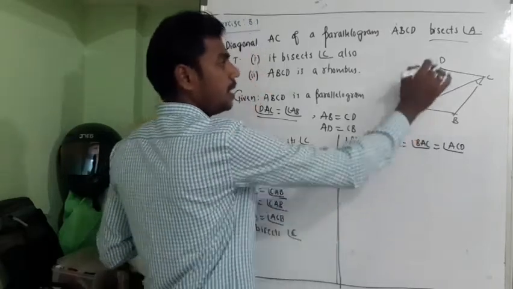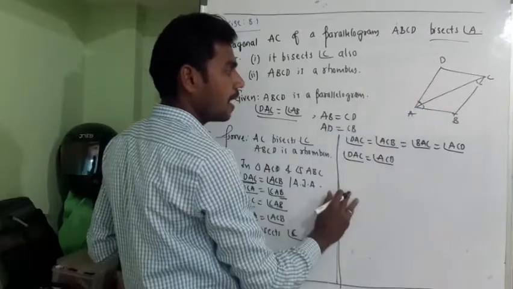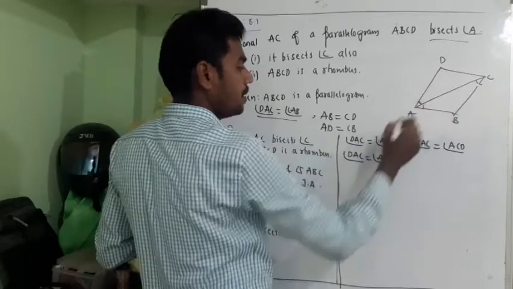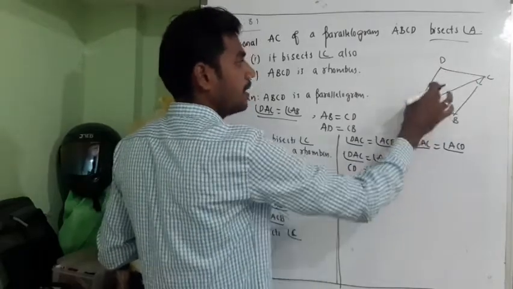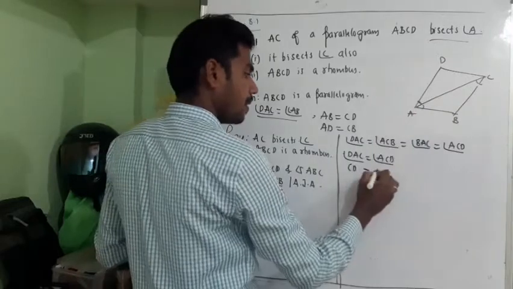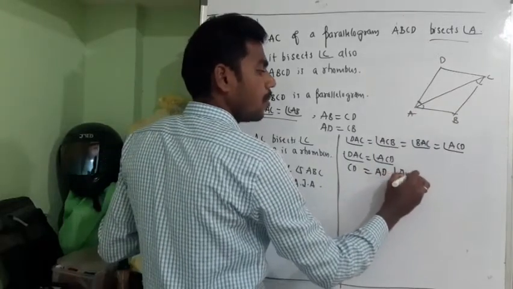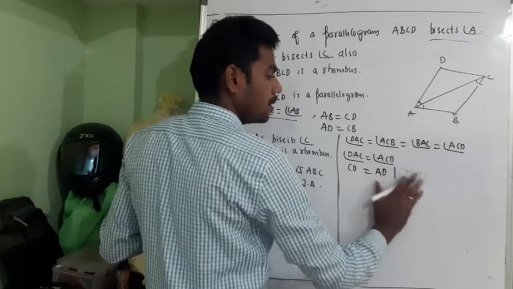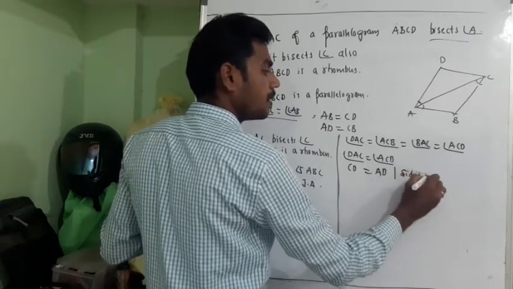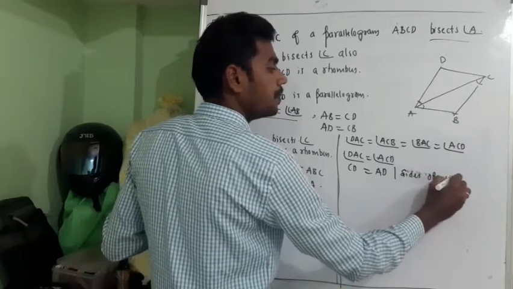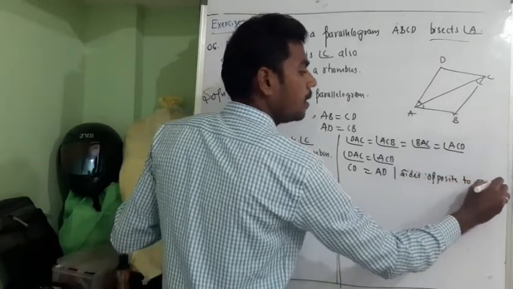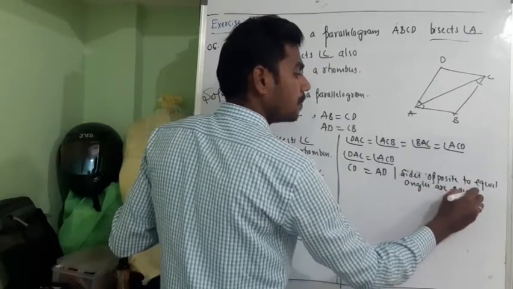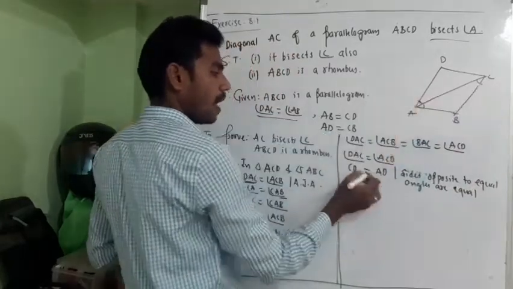Since DAC is equal to ACD, where is DAC? What is the opposite side of it? CD. Where is ACD? What is the opposite side of it? AD. Sides opposite to equal angles are equal.